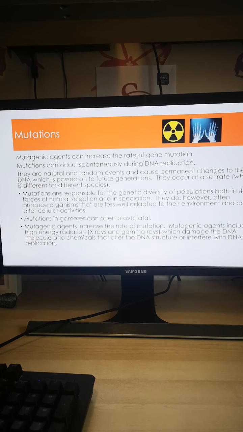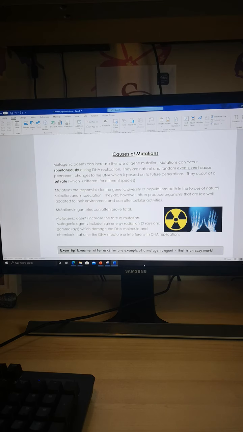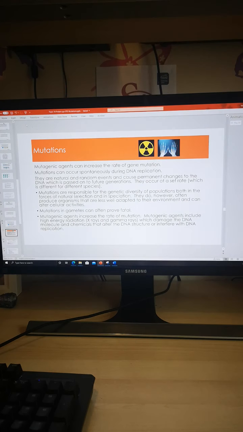Okay, but we need to also broaden out and link back to mutations when we think about them being beneficial sometimes as well. So in your keynotes, carrying on from below where it said deletion, it's this section here we're having a look at now. Mutations.